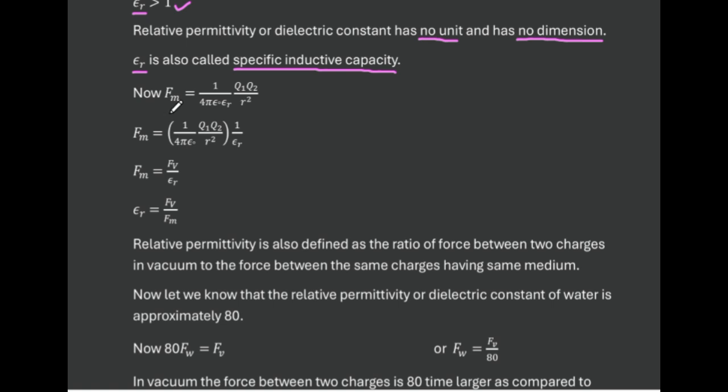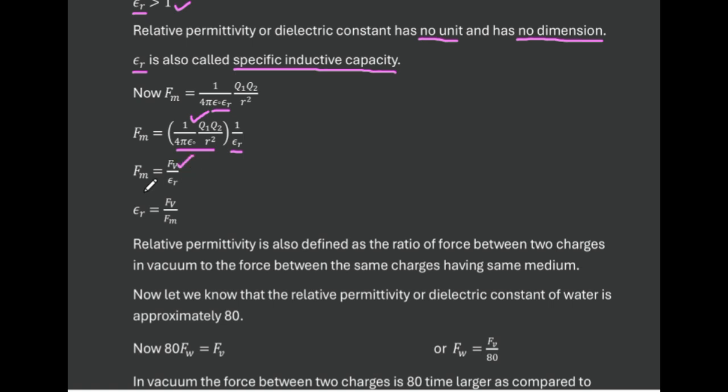Now let's come to Coulomb's equation in a material medium. F m is equal to 1 divided by 4 pi, with epsilon naught epsilon r placed in the place of epsilon, q1 q2 divided by r square. Let's separate this term from this equation. We know that this is Coulomb's law in vacuum.